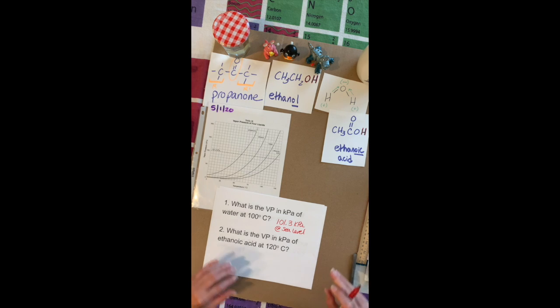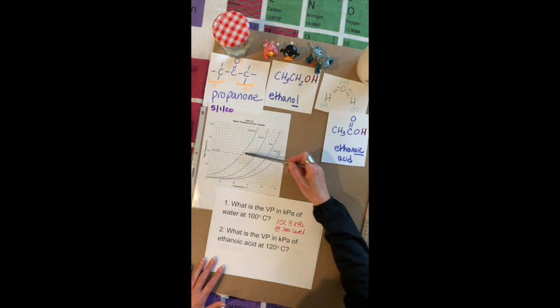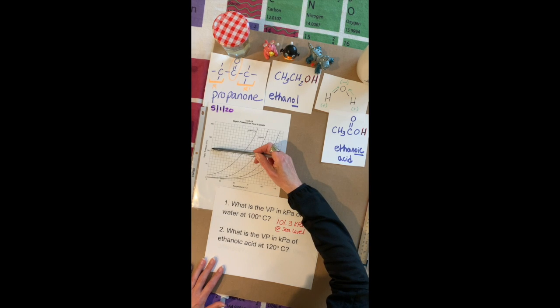Okay, let's look at another example. What is the vapor pressure in kilopascals of ethanoic acid at 120 degrees Celsius? So I read across 105, 110, 115, 120, 125. So there's 120. Reading up, going across, we're roughly around here, which is 10, 20, 30, 40.